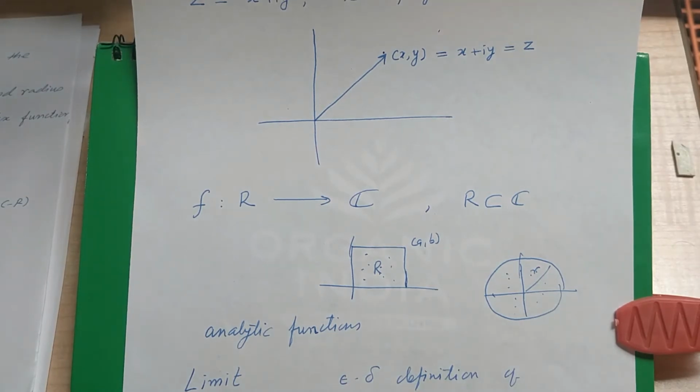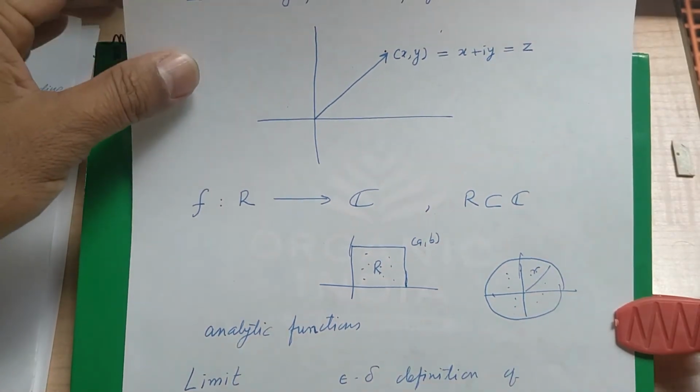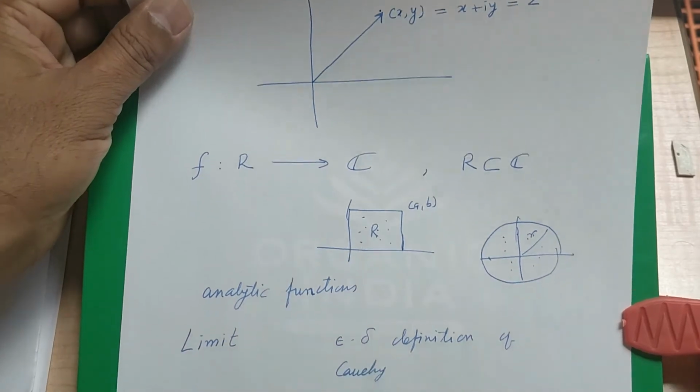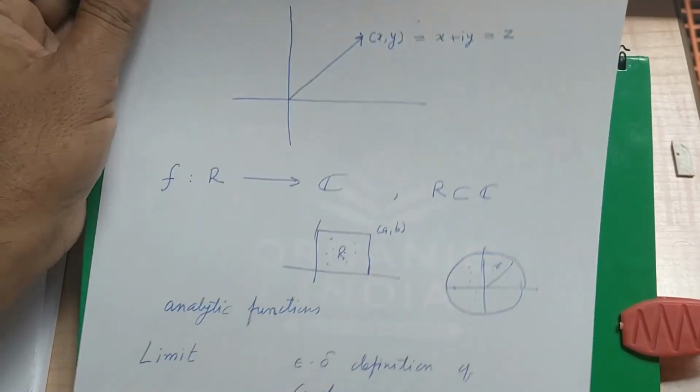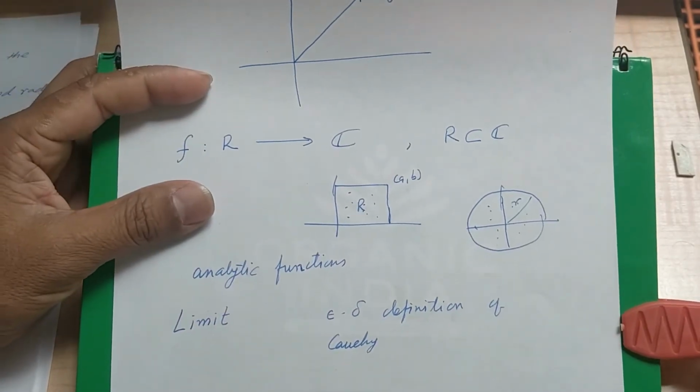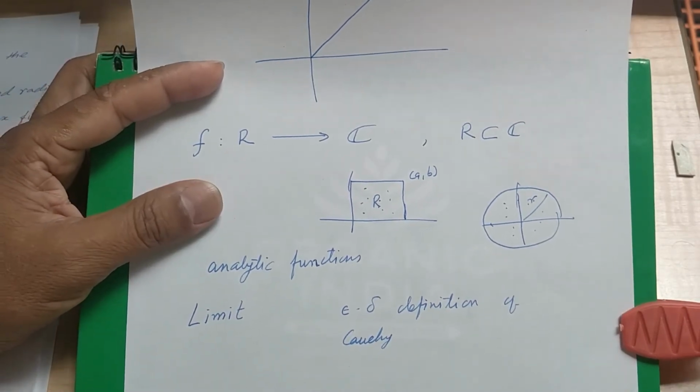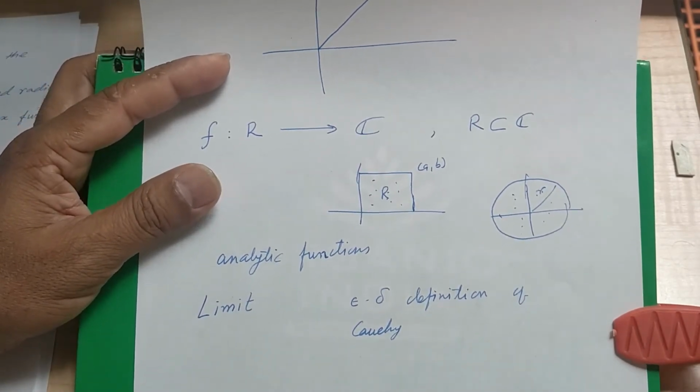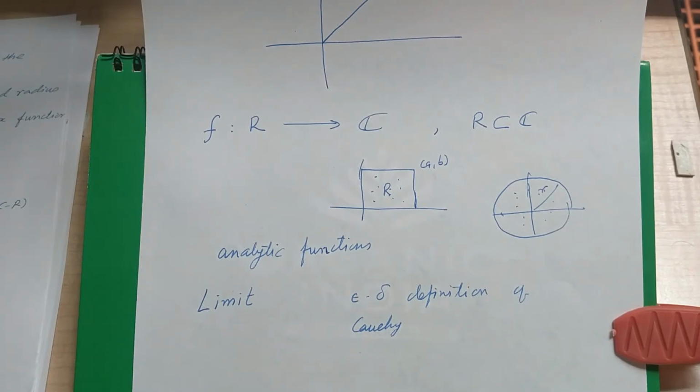So we are not going to look at the epsilon delta definition given by Cauchy. We will rather try to develop an intuitive idea about the limit.